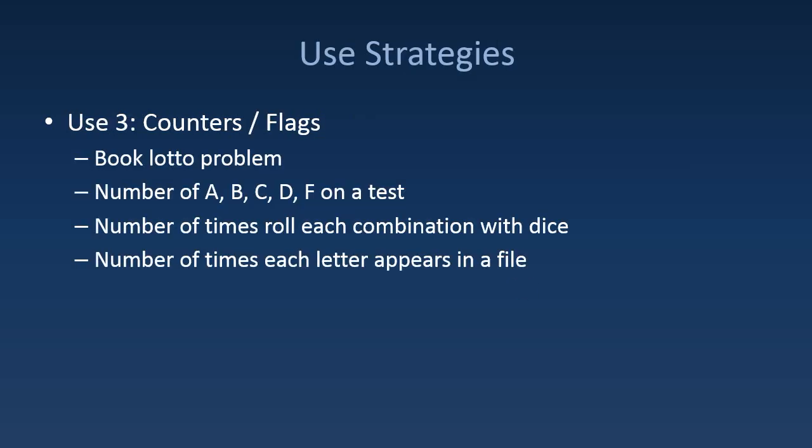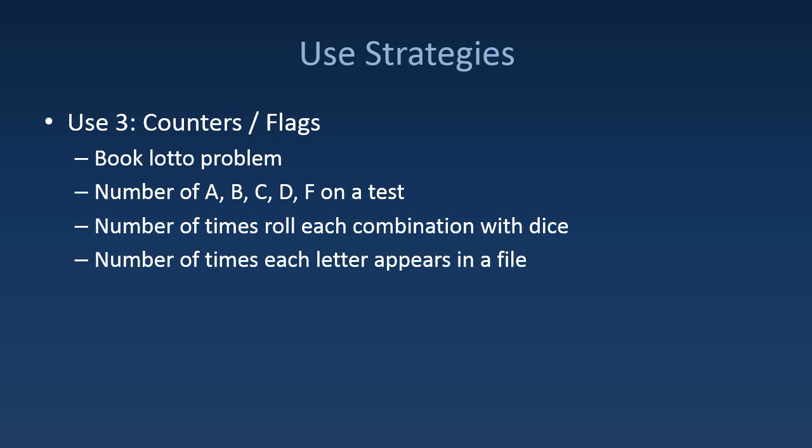The third kind of major strategy is as counters or flags. And we see this in the book Lotto Problem, where we're trying to make sure that we have every possible lotto number. Not every possible combination of them, but just every number in the lottery we've got at least on one ticket. And so there's a big array that starts with a bunch of falses, and as we generate a particular number, we change that number to be true to indicate that we've got a copy of that.